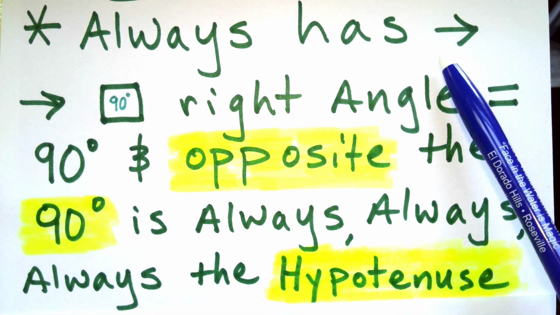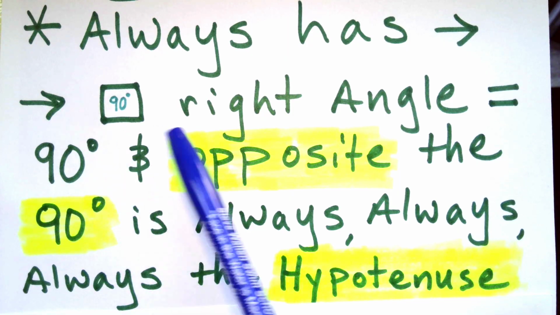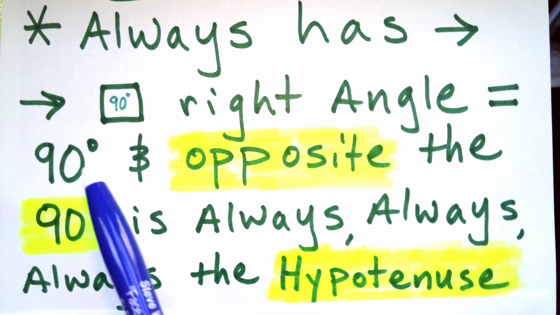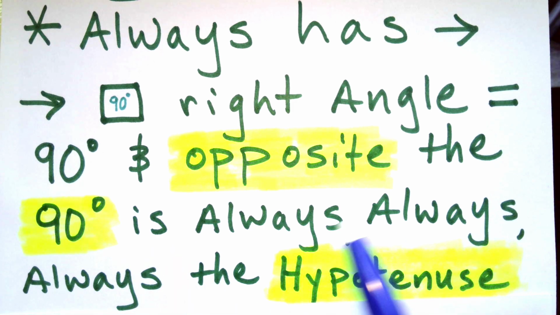Always, always, when you're dealing with SOH CAH TOA, you're dealing with 90-degree right triangles and right angles, right? And so opposite the 90-degree angle is always the hypotenuse length of the leg of a right triangle.